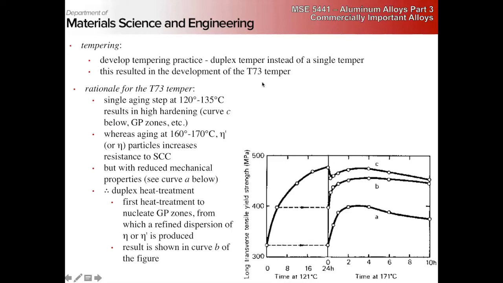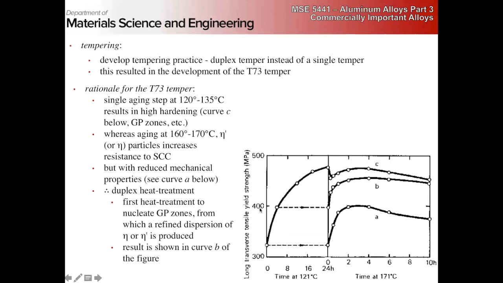But what essentially developed from all this was this notion of a duplex heat treatment, this T73 temper. So if we did a single aging step at 120 to 135 C, it would follow essentially curve C here, right? You'd get GP zones that would form, and it would go through the aging sequences that we talked about before.